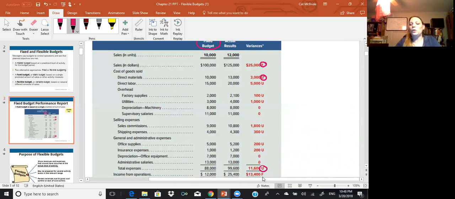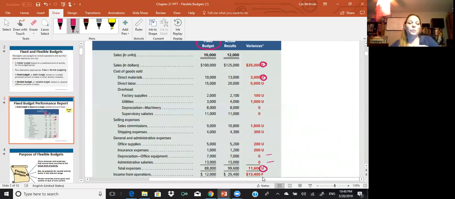And if we sold more than we planned to sell, we would expect the expenses to be over, especially any expense that is related to manufacturing. So like our depreciation on the office equipment, there's nothing wrong with that. Our admin salaries, those wouldn't change. Office supplies might. Insurance expenses, see, that shouldn't be over. That would make me wonder why.